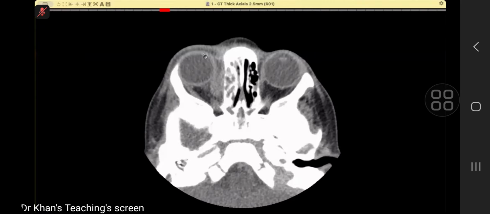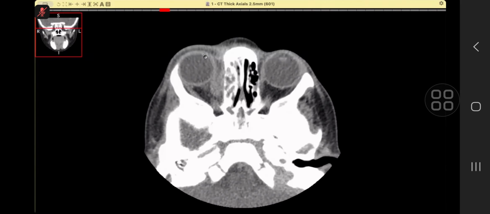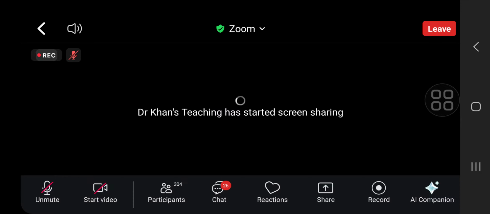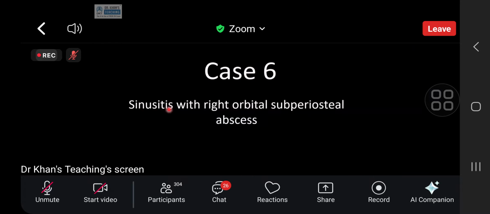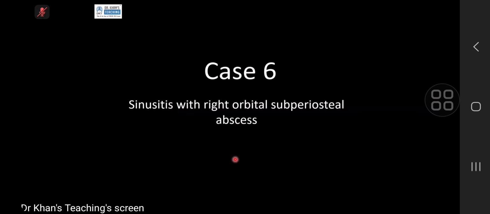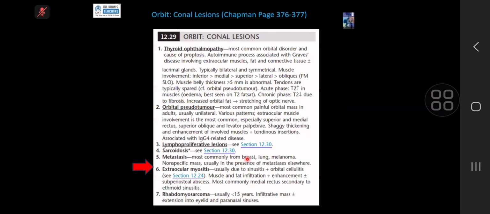So this is a classical exam case. Let me show you a picture before. Now, this is the concept of conal, extraconal, intraconal, optic nerve sheath, and extraocular myositis usually due to sinusitis with orbital cellulitis, fat and muscle infiltration, enhancement, subperiosteal abscess.